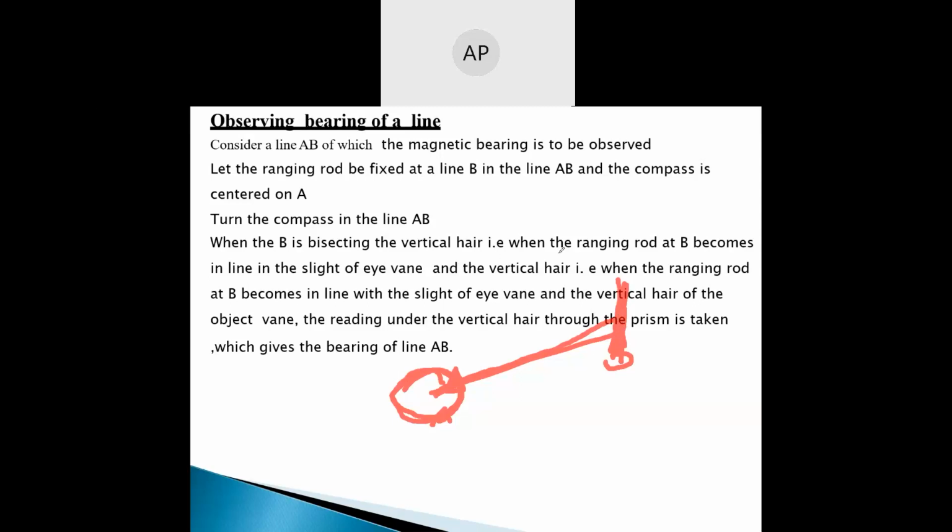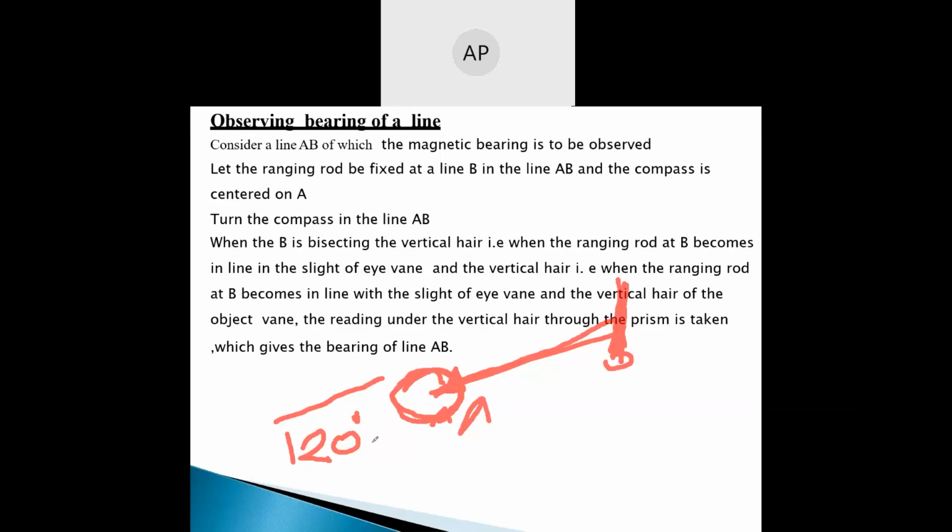When the ranging rod at point B is in the line of sight, and the ranging rod and crosshair are in one line, then that will be your reading. Suppose 120 degree, you will get 120 degree. That will be your bearing. The bearing of this line AB will be 120 degree.